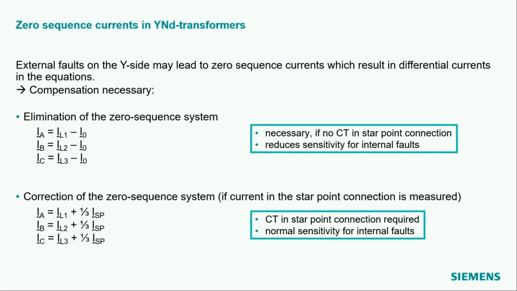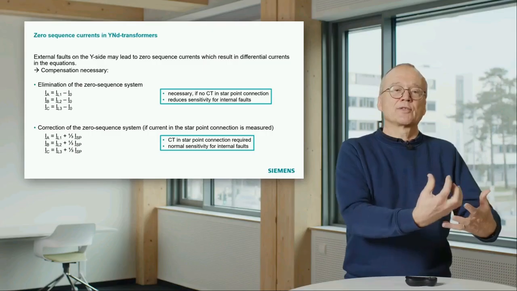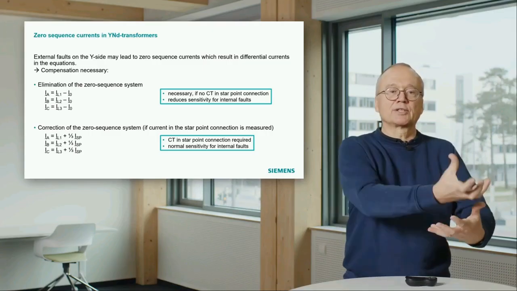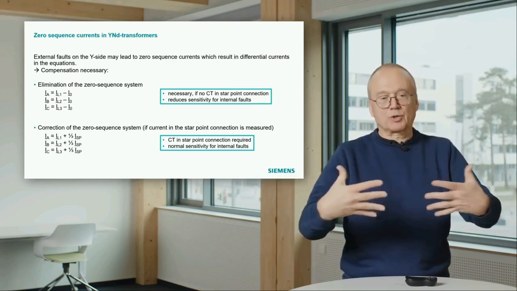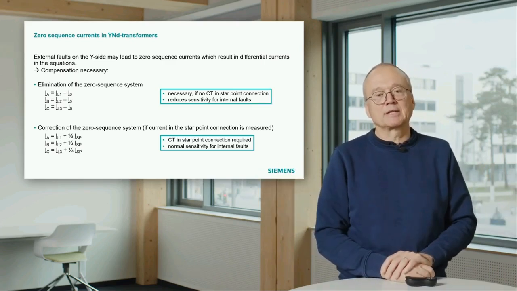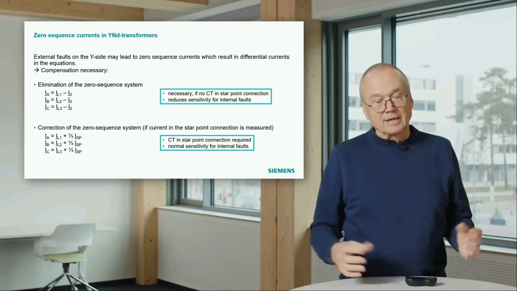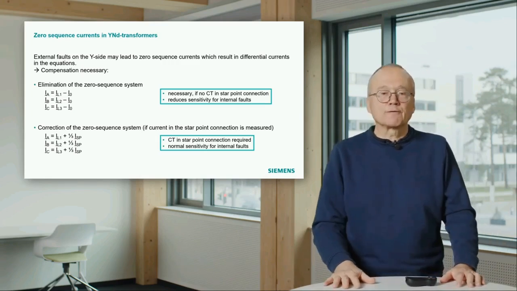That means then we apply a correction operation in our algorithm which takes the measured star point current out of the current so that both currents from both sides can be compared. Then, as I said, the sensitivity is not affected.